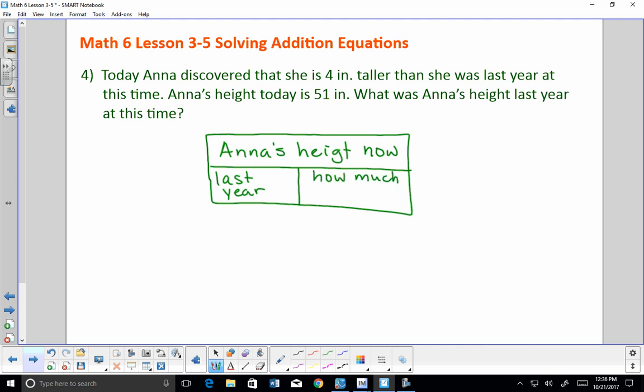Okay, so Anna's height now should equal what she was last year plus how much she's grown. Since the question was asked, what was her height last year? That's what it wants us to find. I'm going to let my variable equal last year's height. So I'm going to say h equals last year's height.